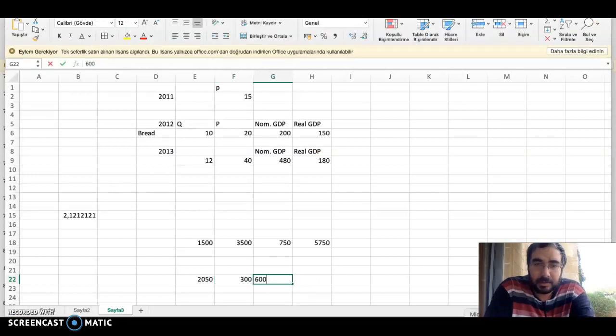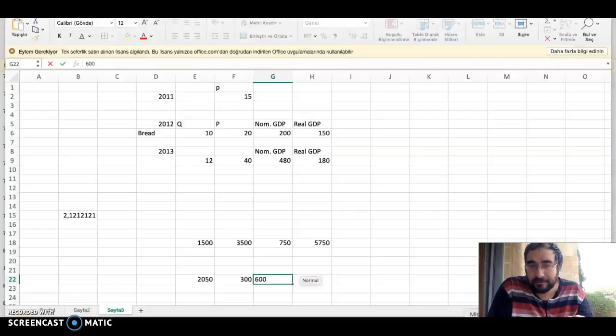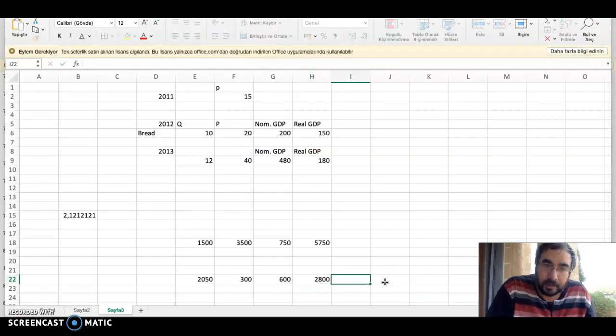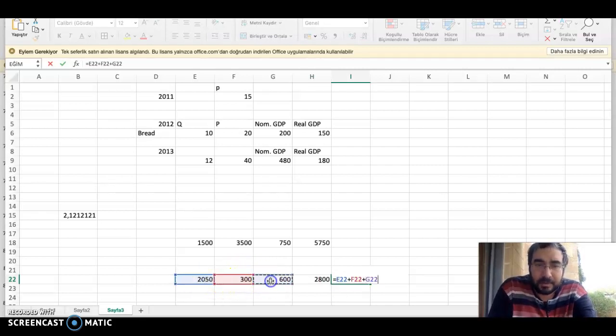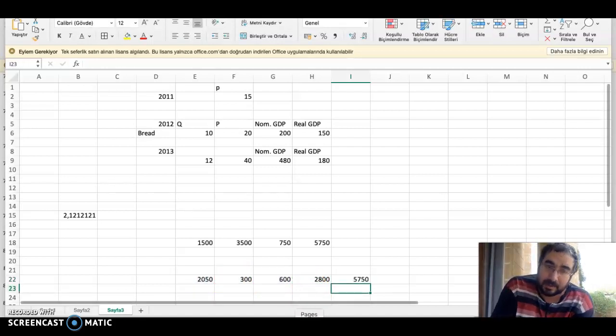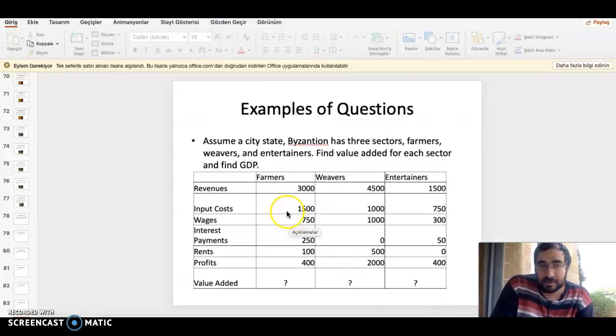We should have very large profits. That's interest, of course. The profits are 2,800. And the summation should give you the same value. Yes, it is. If it doesn't, that means either you have made a mistake or I have made a mistake. And you should check it by looking whether all this sum should give you the revenues, I mean, when you sum these up.